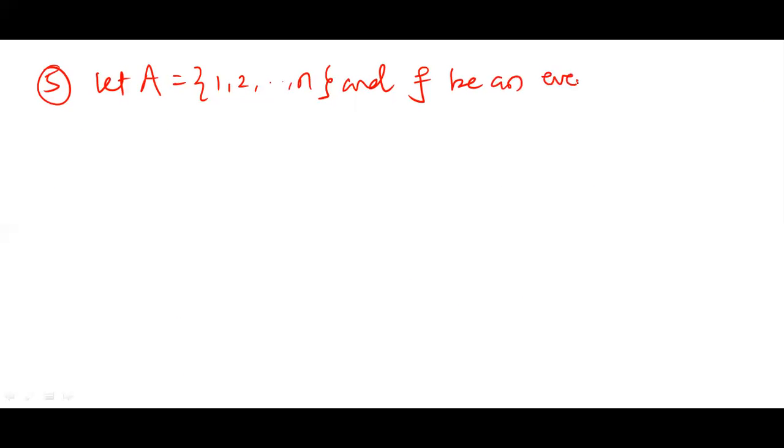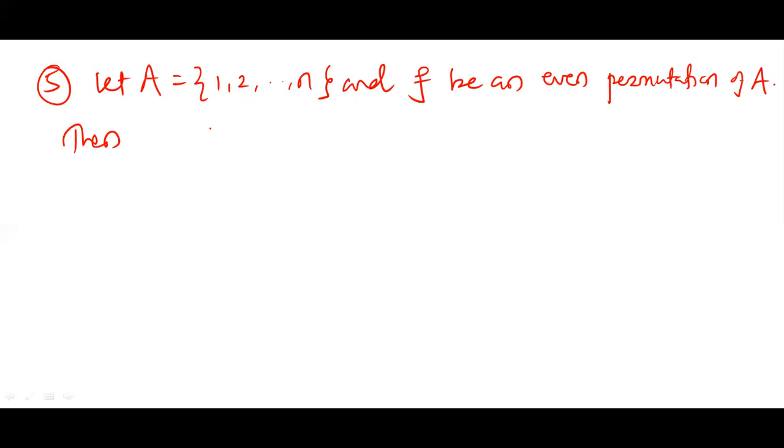Note 5. Let A be a set containing n elements and f be an even permutation of A. We have seen the definition of even permutation.